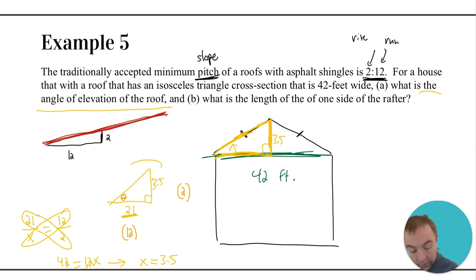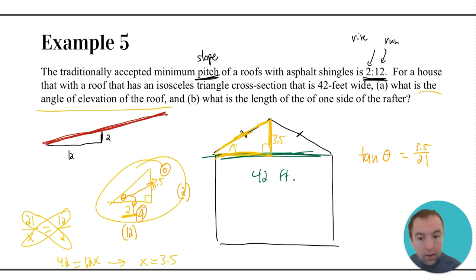So now we should be able to solve in this triangle for theta given 2 of the sides. So you'll recognize that across from theta, the 3.5 is the opposite side, and then the 21 is the adjacent side. So opposite and adjacent could be utilized in a tangent ratio. So tangent of that acute angle measure would be the opposite of 3.5 over the adjacent of 21 then.